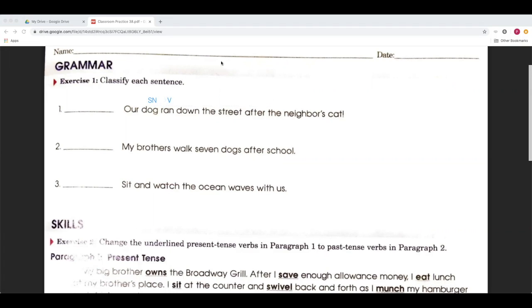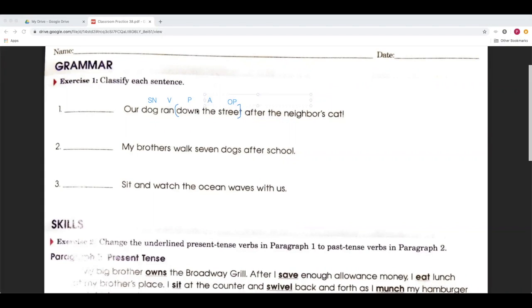Down is a preposition. That means we have a prepositional phrase here. Down what? The street. So street is our object of the preposition. It ends the prepositional phrase.